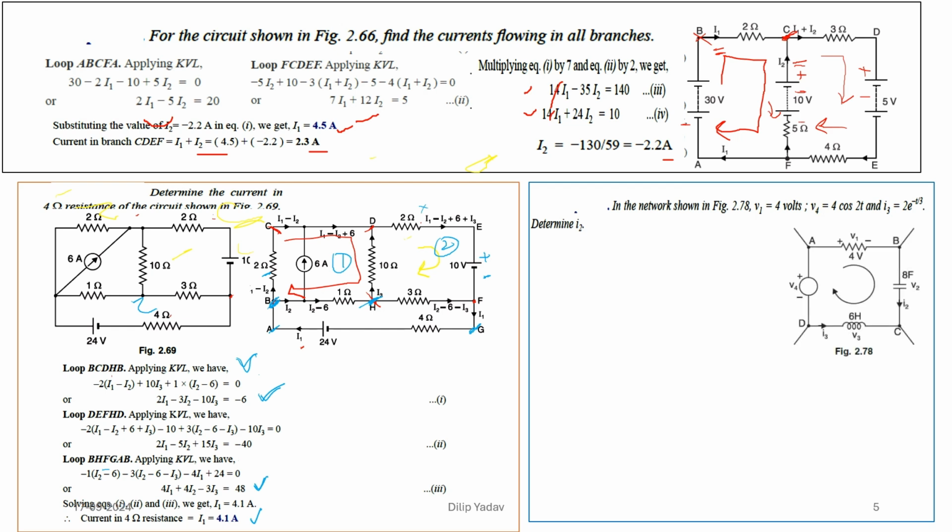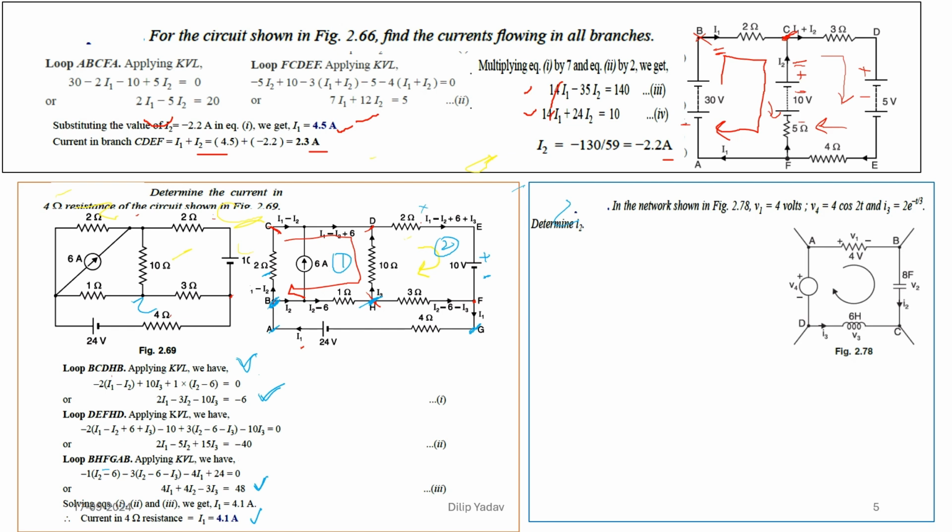We have this circuit. The value of V1 is 4 volt, that has been given. Sorry, this is V4. V1 is given, that is 4 volt. This is V1.